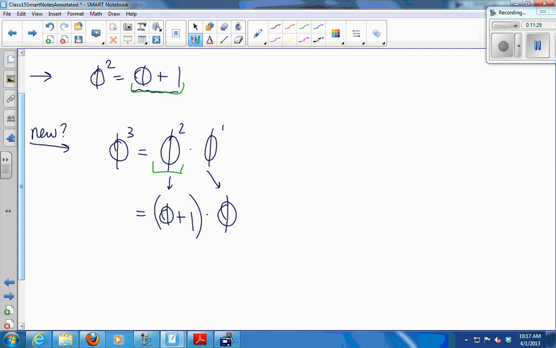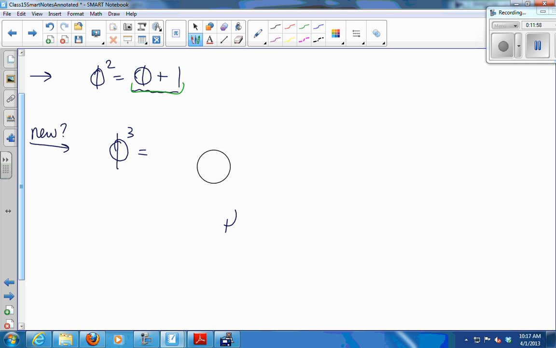This phi just comes along. I'm doing a substitution. I'm replacing phi squared with something else that equals phi squared. I can do that because phi squared and phi plus 1 are equal. They're the same thing.